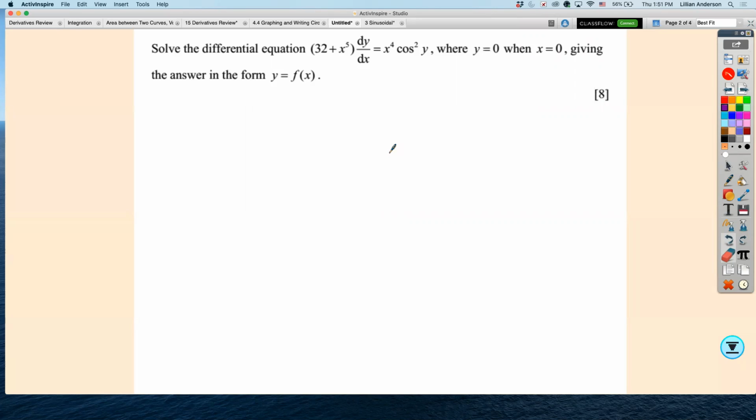Separate our x's and y's. So this is a separable differential equation. Well, I started off by moving the 32 plus x to the fifth to the other side by dividing it.